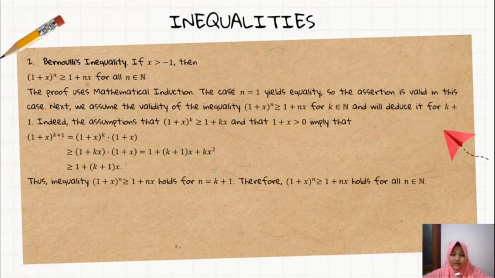The next is about example number 2, Bernoulli's inequality. If x is greater than minus 1, then (1 plus x) to the power of n is greater than or equal to 1 plus nx for all n element of natural numbers. The proof uses mathematical induction. The case n equals 1 yields equality, so the assertion is valid in this case.